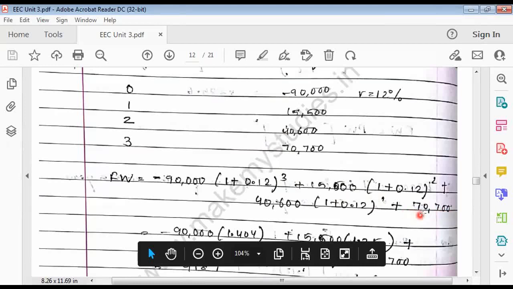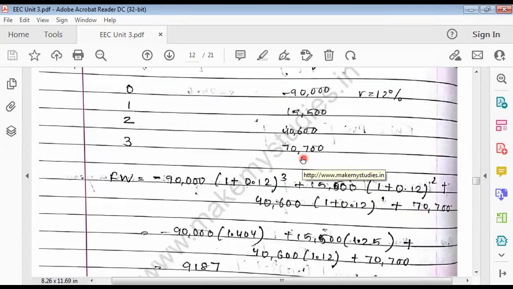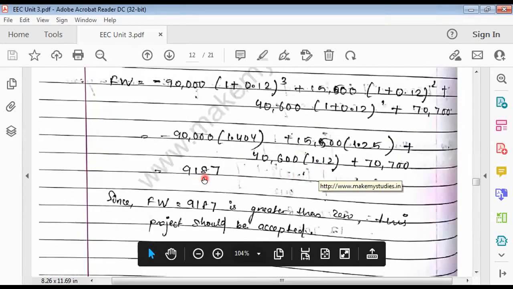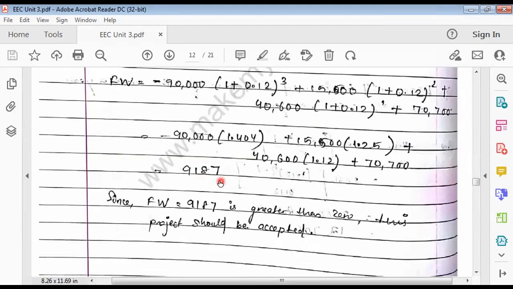It will remain as it is, because the last one, 70,700, you are getting it at the end of 3 years, and the question is what is its value at the end of the 3 years. So 70,700 itself. So no change in that. And after calculations, you found 9187 is the value of FW, that is future worth.